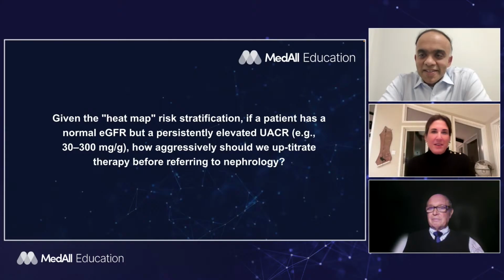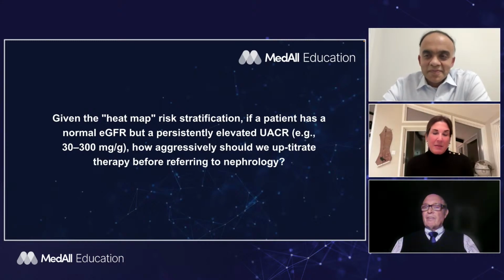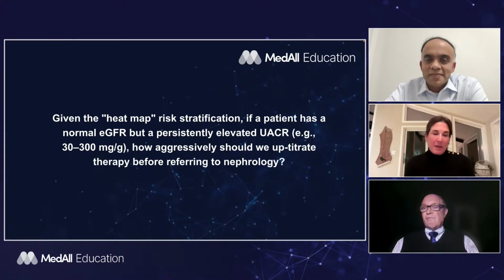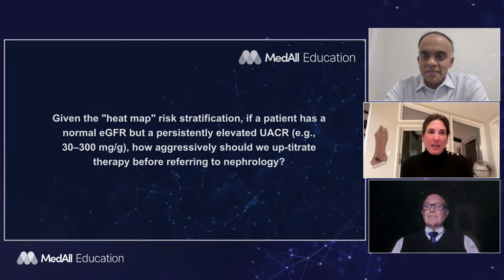I'd be happy to. Yeah, this is a really good question. And I think this is honestly exactly what we see in practice, because the UACR is a marker of kidney damage. And usually that damage precedes the decline in function. And so you will frequently see a normal eGFR and an increasing UACR before anything really happens. And I think that's exactly when you need to start becoming aggressive.